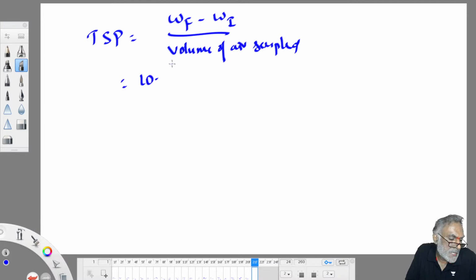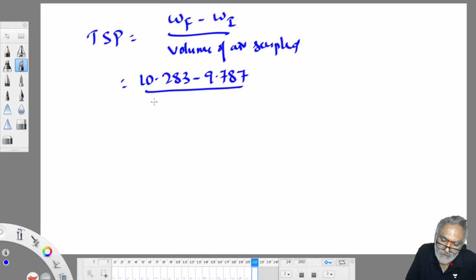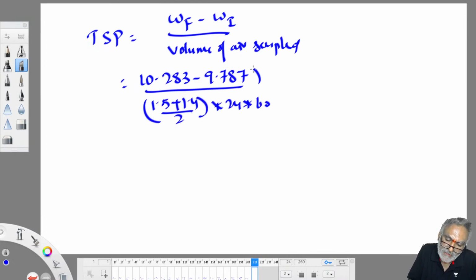So 10.283 minus 9.787 by (1.5 plus 1.4) by 2 into 24 into 60. So this is in grams, this is in meter cube.